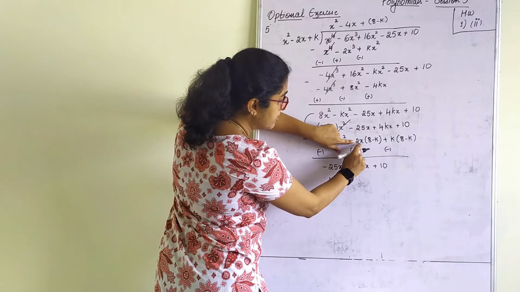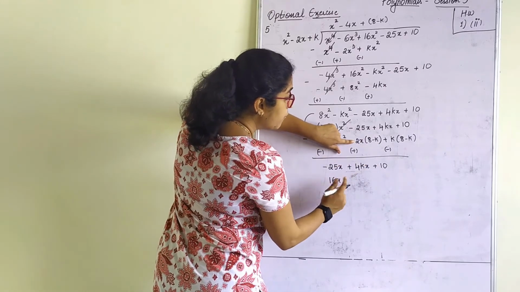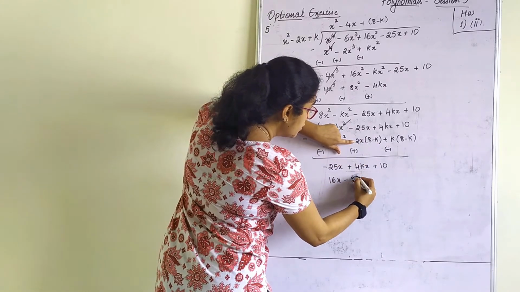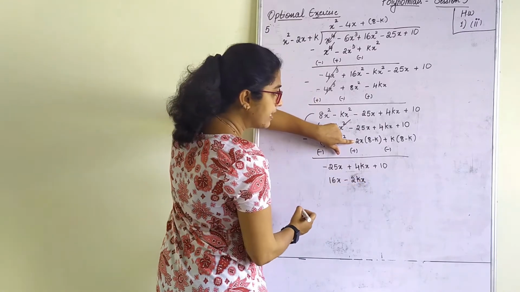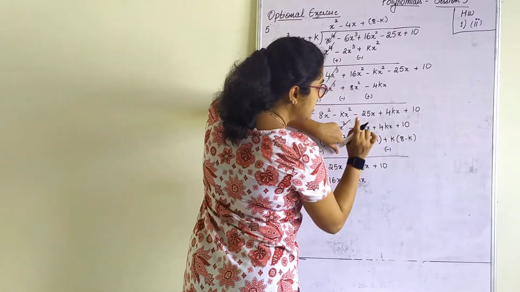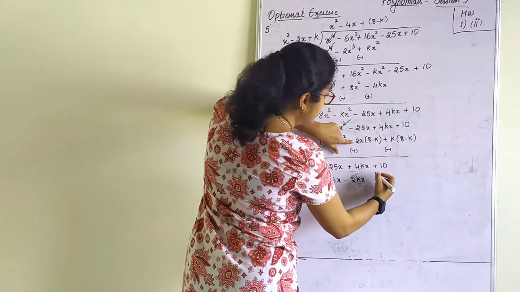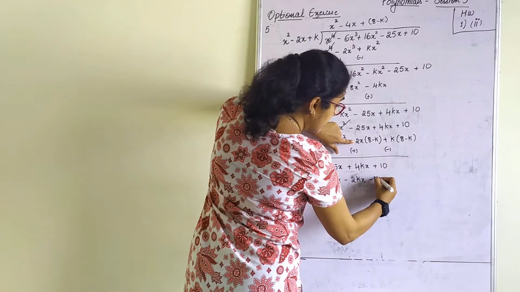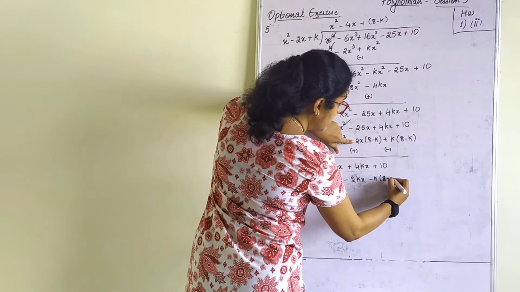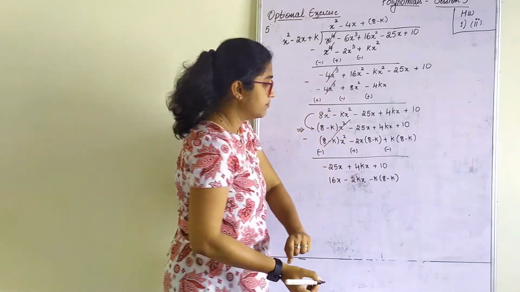That's why I'm holding this. 2x into k will give you minus 2kx. Very clear? We'll keep this as it is because it doesn't make any difference. Minus k of 8 minus k.